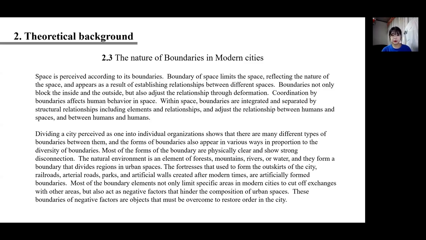Most of the forms of the boundary are physically clear and show strong disconnection. The natural environment is an element of forests, mountains, rivers, or water, and they form a boundary that divides regions in urban spaces.